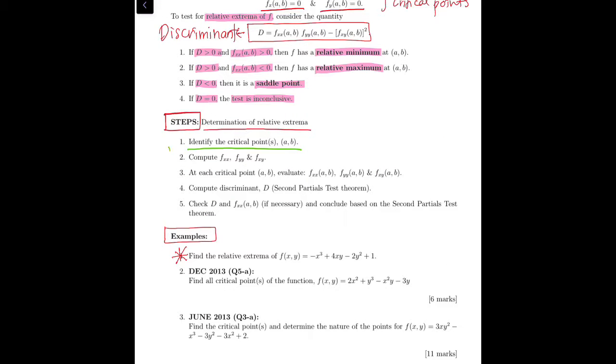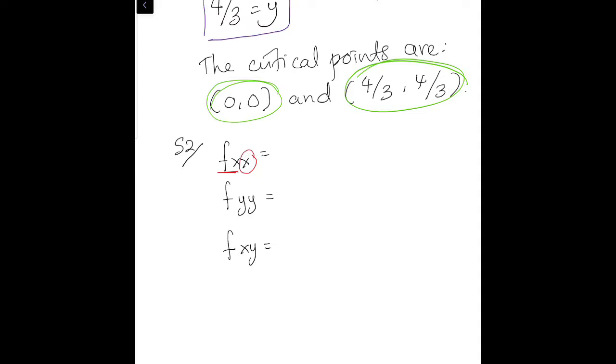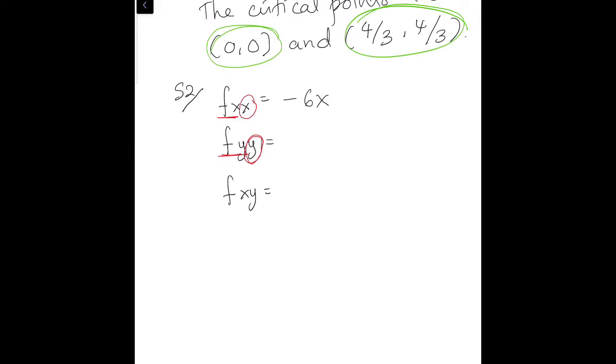So we move to the second step, compute fxx, fyy and fxy. Now we have second order partial derivatives. We already have fx, so differentiate again with respect to x, we get minus 6x. Then we already have fy, differentiate again with respect to y, so we have minus 4.